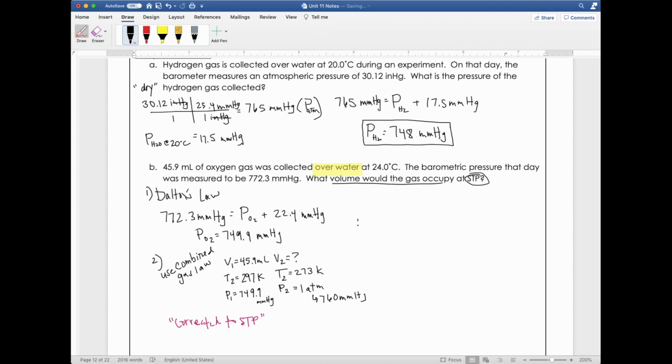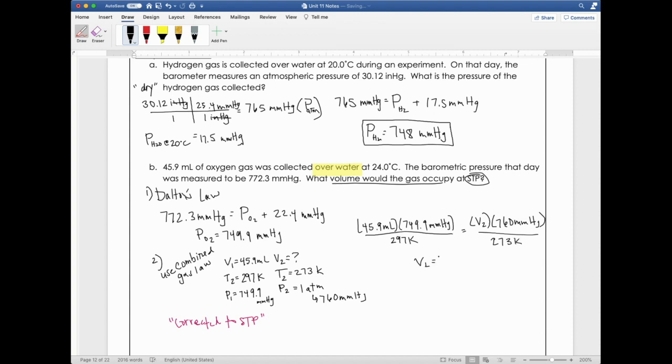Let's plug in 45.9 times that 749.9 over 297. And I want to know what's the volume at 760 millimeters of mercury and 273 Kelvin.